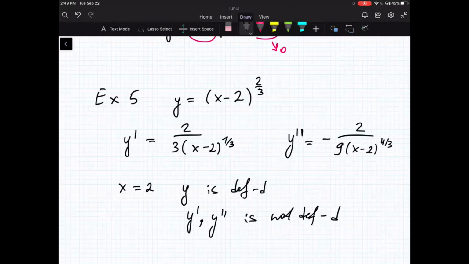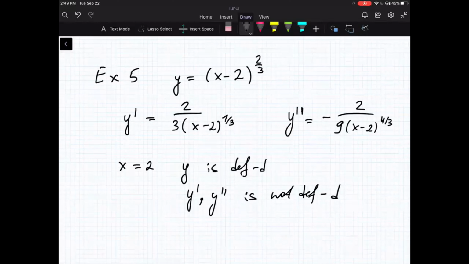And so at this point, again, it can be a local minimum or maximum, and also, as we discussed, it can be an inflection point as well, because at this point neither the first derivative nor the second derivative is defined.